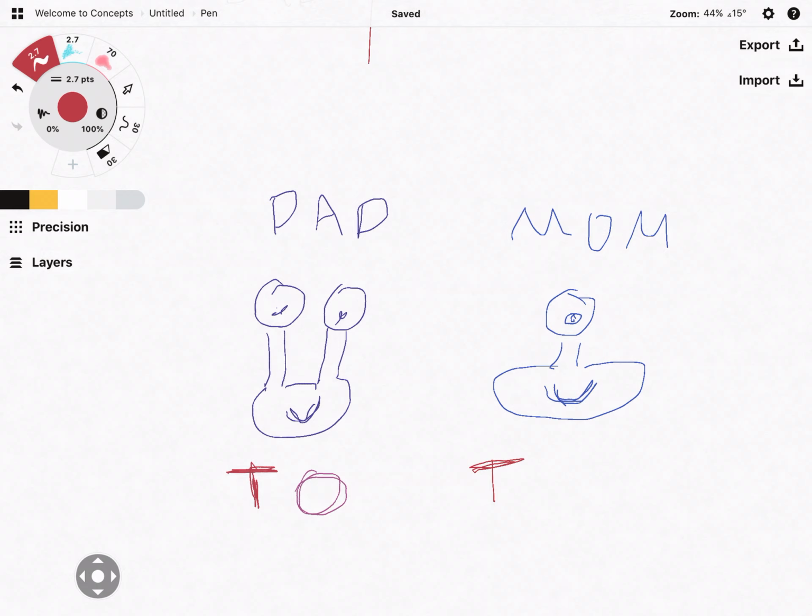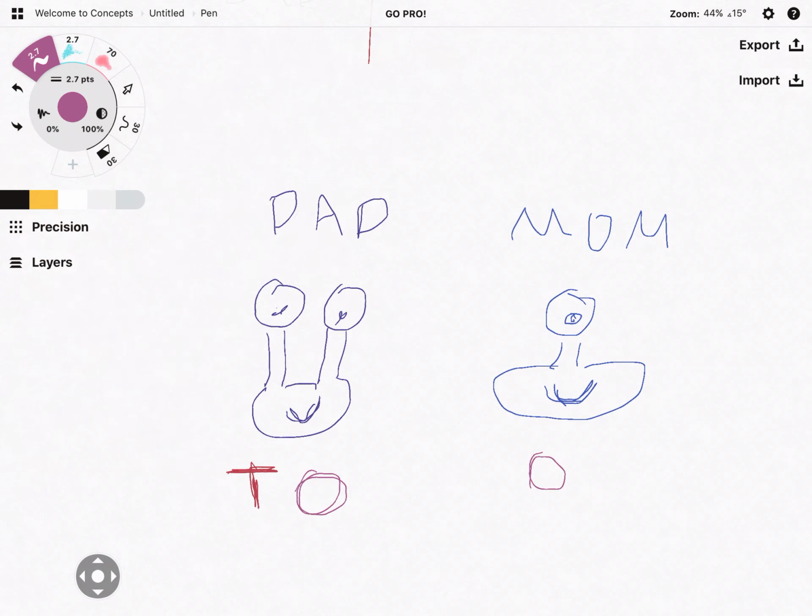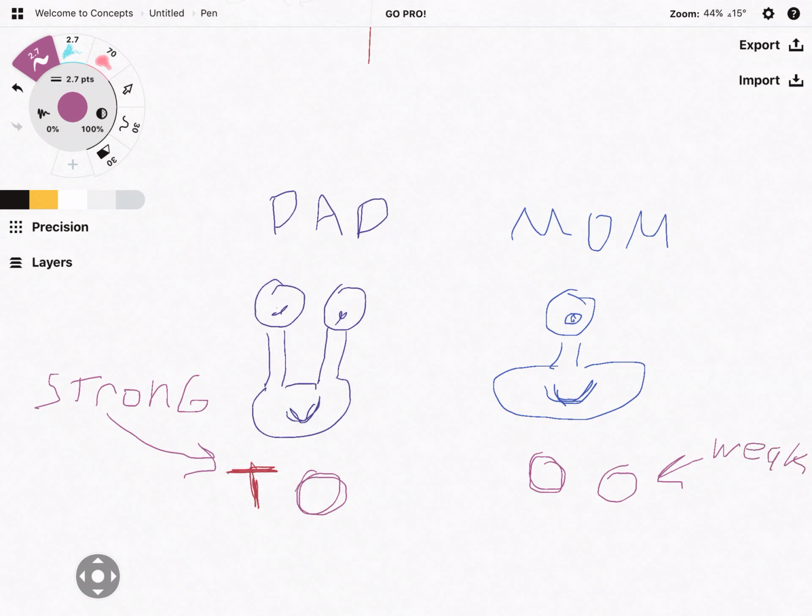Oh, no, I'm sorry. The mom just has copies for the 1-eye gene. So what we can see is that this is the stronger gene. If you have a 2-eye gene, you will have 2 eyes. The 1-eye gene is weaker. So if you have both 1-eye genes, then you get 1 eye.